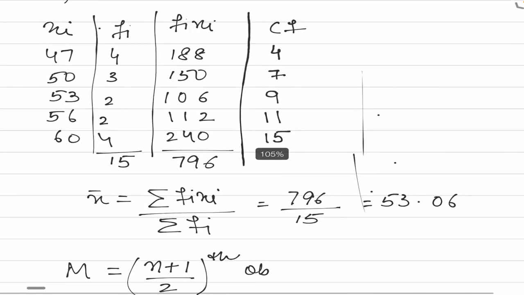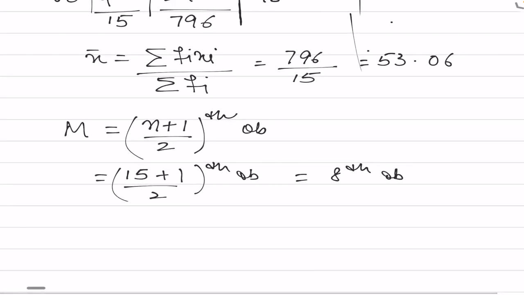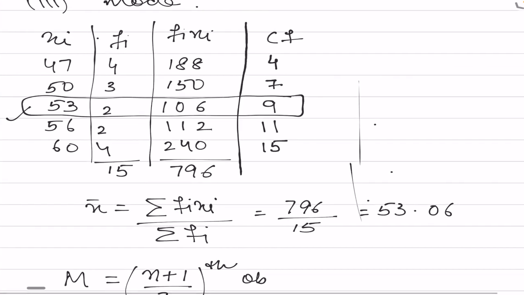So we will check where the 8th observation is lying. We can see the 8th observation will lie in the third row, where the value of xi is 53.